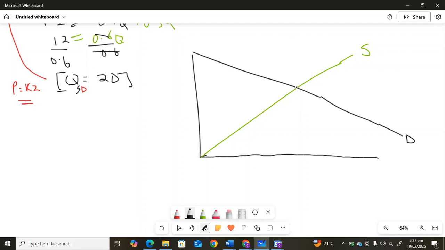So equilibrium price is 2 kwacha. Equilibrium quantity is 20 units.